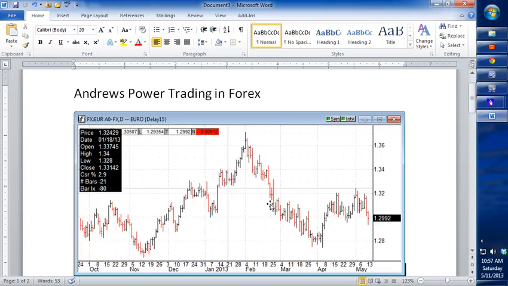In order to find this low here, you have to assume that this low here is a pivot, for example. In order to find this high here, you have to assume that this high is a pivot. However, when this low down here occurs, you can look back with 20/20 hindsight and see they weren't daily pivots. So we're going to cover that and exactly how to deal with that.